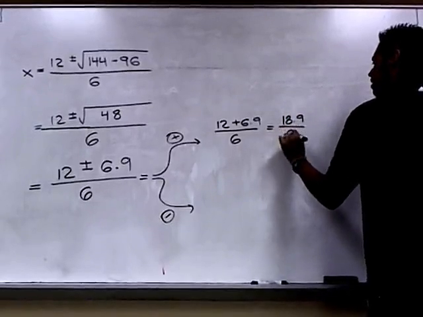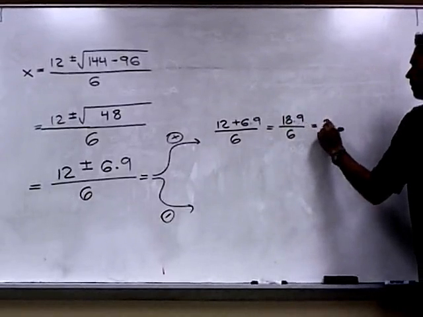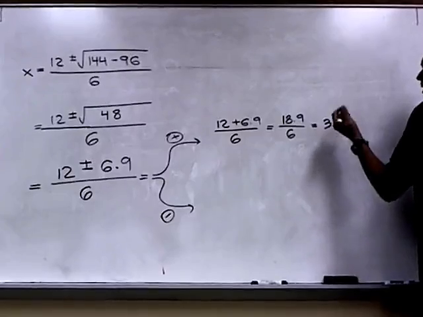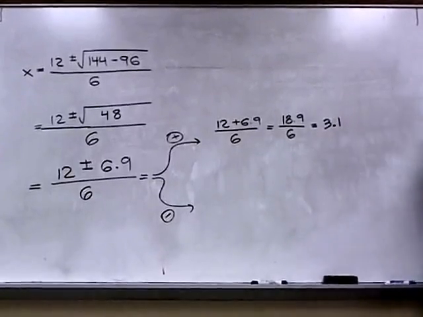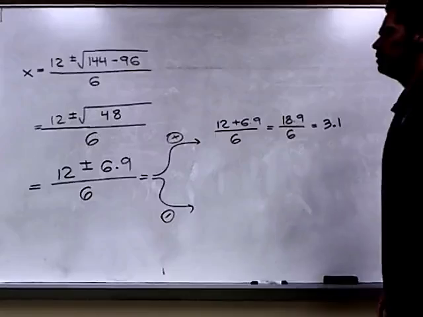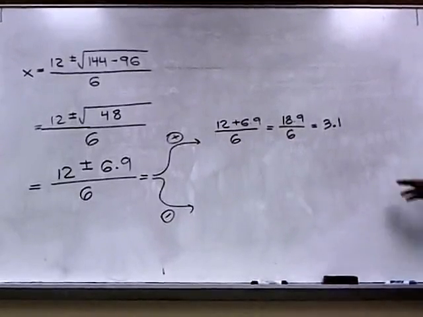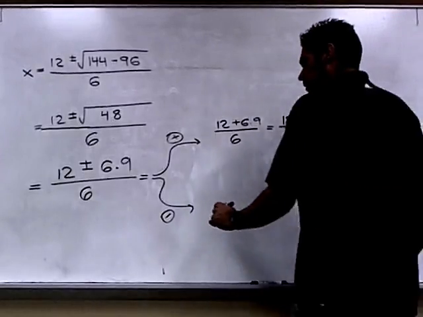So now on your calculator, take 18.9 divided by 6 and tell me what you get. 3.15? And I'll just say 3.1 again. So I'm rounding. It's okay to round a little bit here.